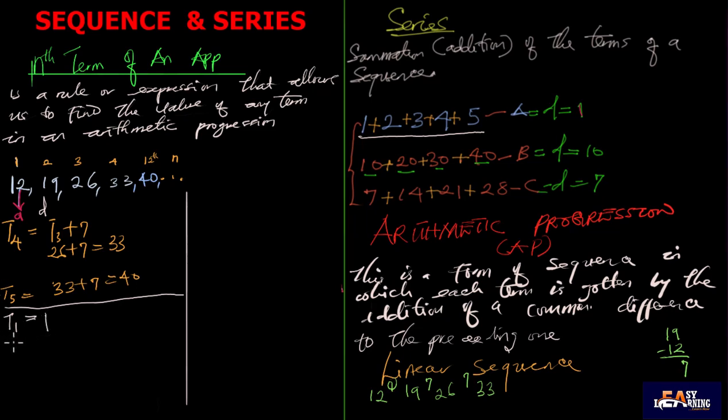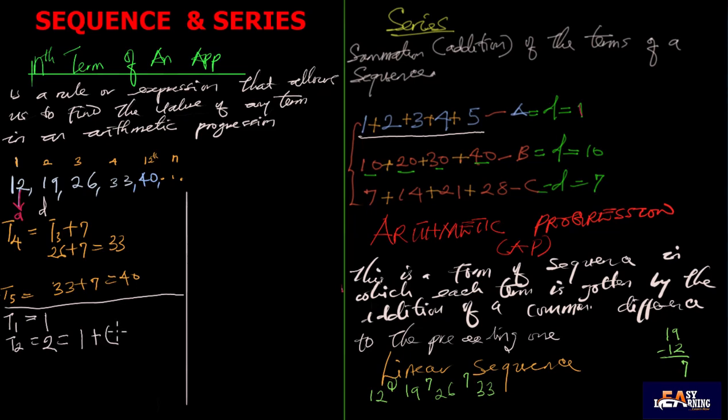Now, for us to have the value of term 2, which we have as 2, how do we get to this 2? It is simple. We are going to add something to the first term. And what are we going to add to the first term? We are going to add the common difference.